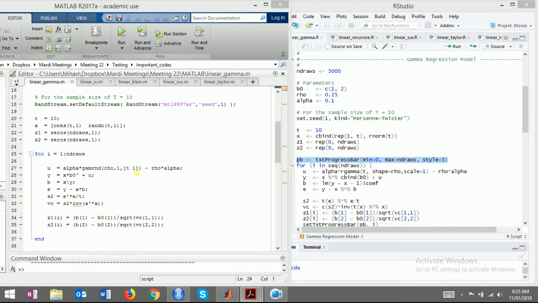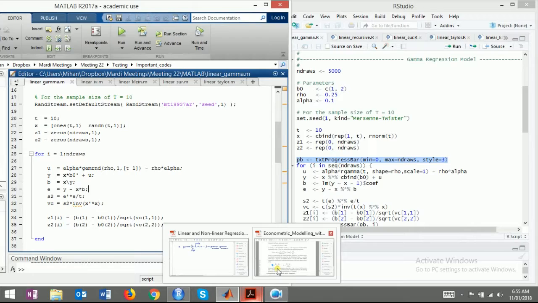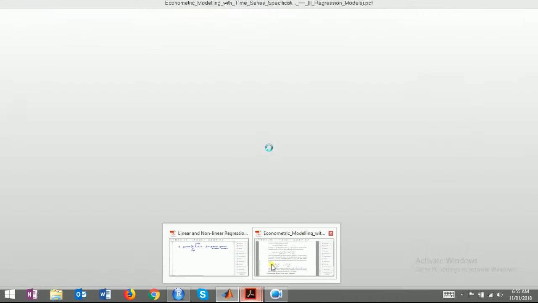T rows, first column. Shape, scale, 1 is the scale, rho is the shape. Okay, so alpha into gamma random distribution of that, minus rho into alpha, right?